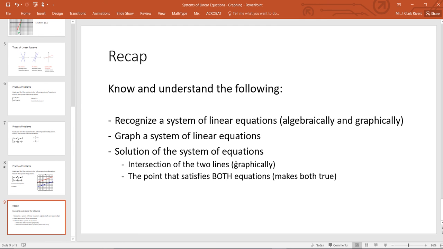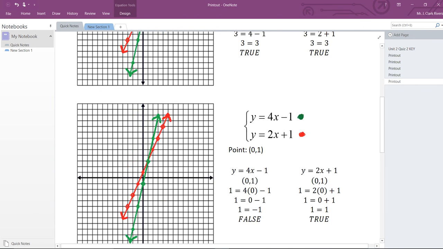And then finally, you should be able to identify that the point that satisfies both equations, meaning it has to make both equations true, that is the solution. And it is an ordered pair because remember, it's a point on the graph. So the point that satisfies both equations is the solution, and that was talked about here.